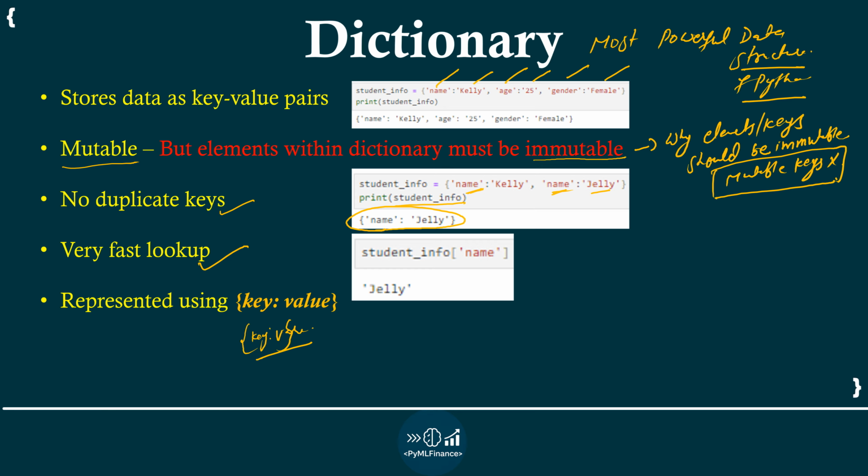Now when should you use dictionaries? Dictionaries are great to use when you want labeled data. Here you can see all the data has a label, a key and a value. If you want labeled data, you should go with a dictionary. If you need fast lookups, you can go with a dictionary.